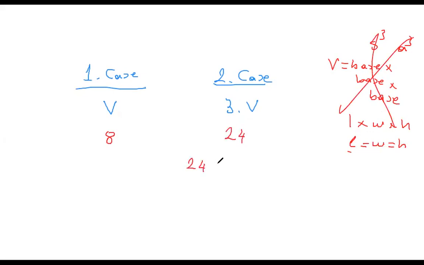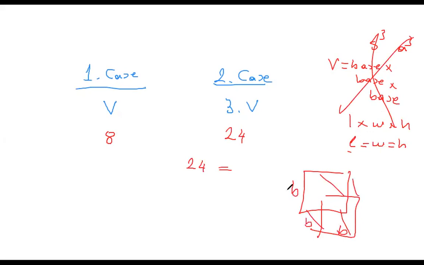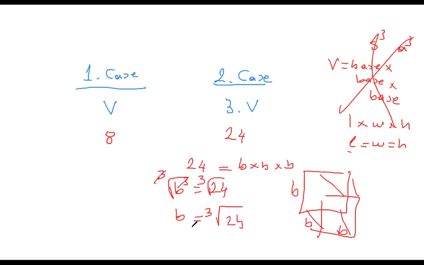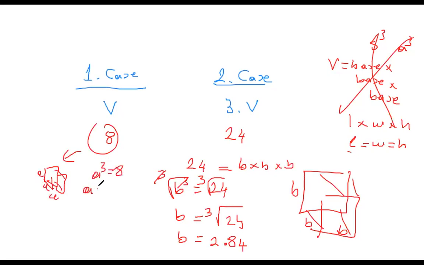So imagine there is a new cube. This is B unit, this is B unit, this is B unit. So what is the volume? B times B times B, which is B cube, is 24. And B will be cube root of 24. Taking cube root, B is equal to 2.884, let's say. And then here, this small cube, let's call A. A cube is 8, that means A is 2.